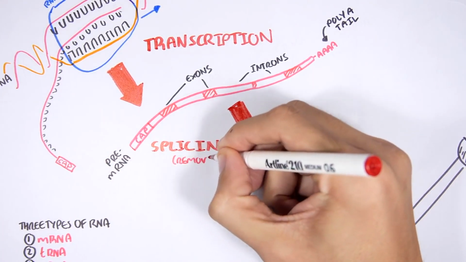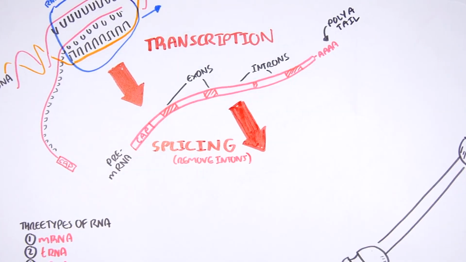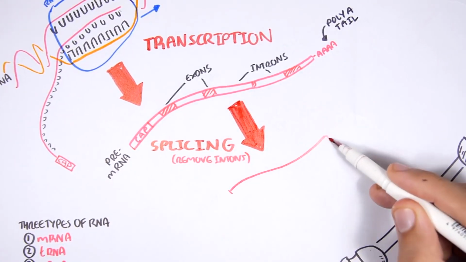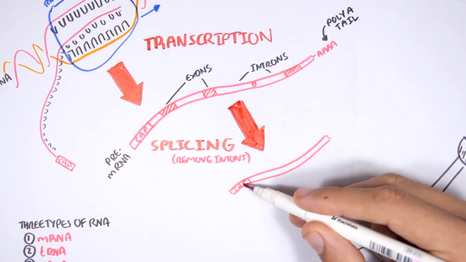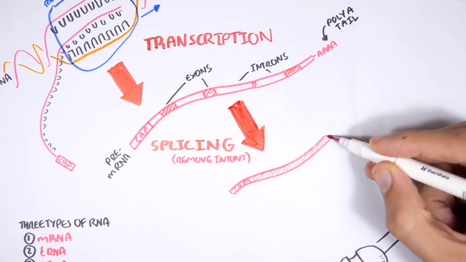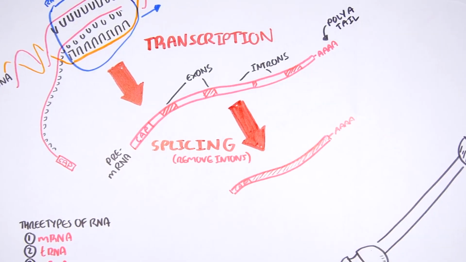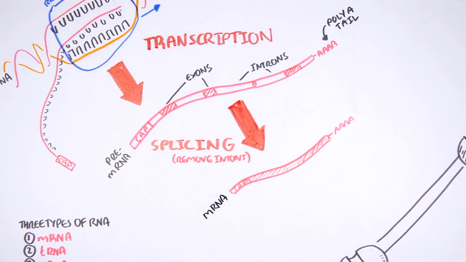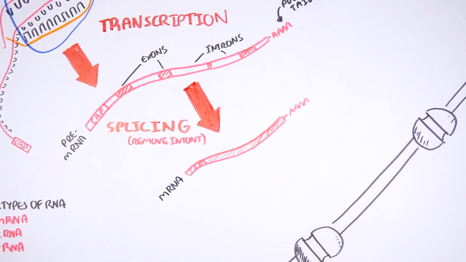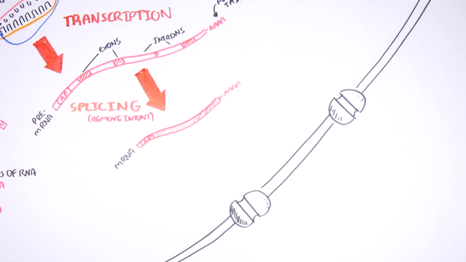Splicing is basically when the regions called introns are removed from the pre-mRNA, but the exons, they will stay. And this will form a unique type of mRNA and therefore a unique type of protein.